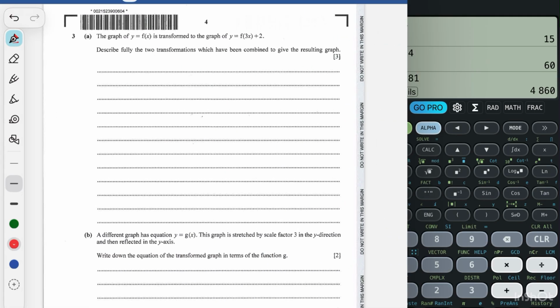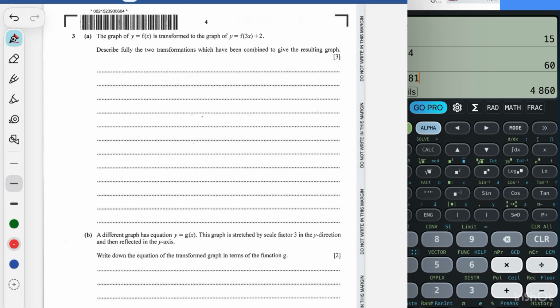So they are telling us the graph of y equals f of x is transformed to the graph of y equals f of 3x plus 2. All right, so they are asking us to describe the transformation that gives you that.